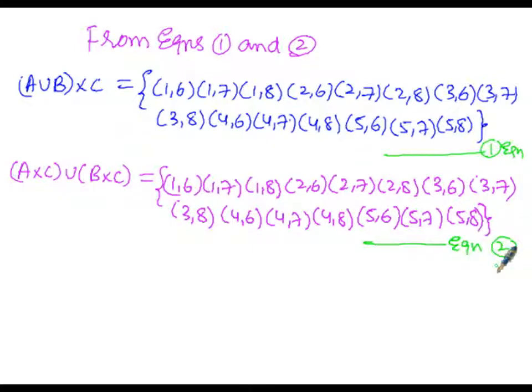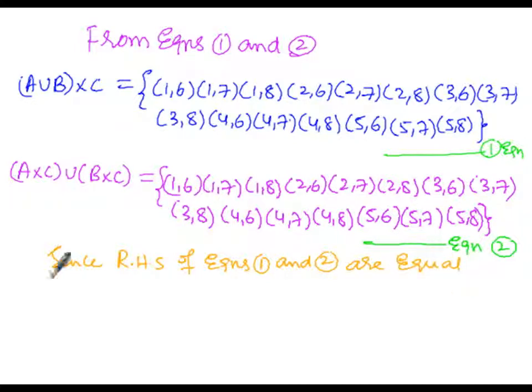From this it is clear that the right hand sides of equation number 1 as well as 2 are equal, therefore the left hand sides must be equated. So since the right hand sides of equations 1 as well as 2 are equal, the left hand sides of both equations, that is equation number 1 as well as 2, must be equated.